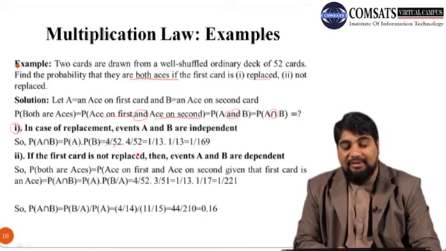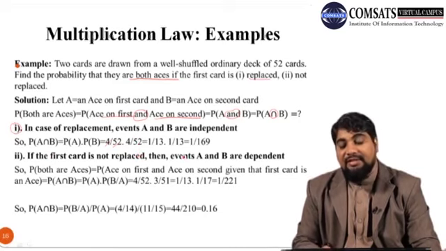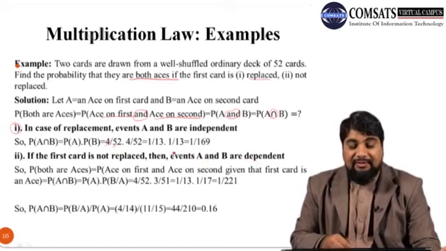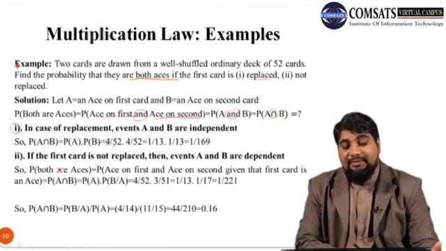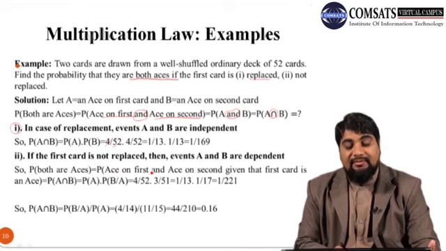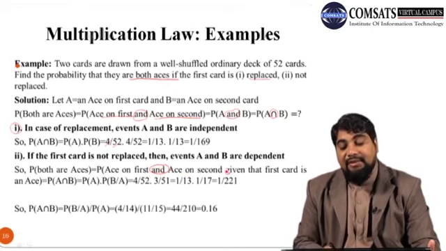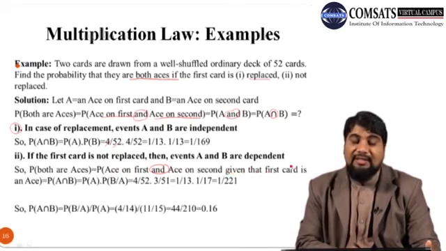Next, consider the second situation, where the first card is not replaced before drawing the second card. In this case, since the card is not replaced, the events will be dependent. In order to calculate the probability that both are aces, we write it as the probability of an ace on the first card and an ace on the second, given that the first card is an ace.